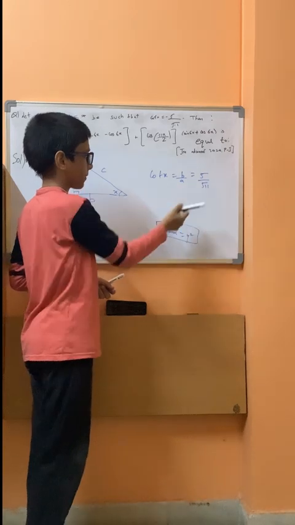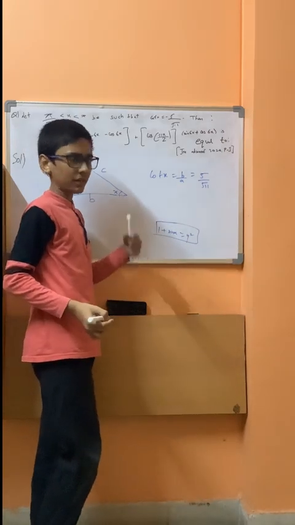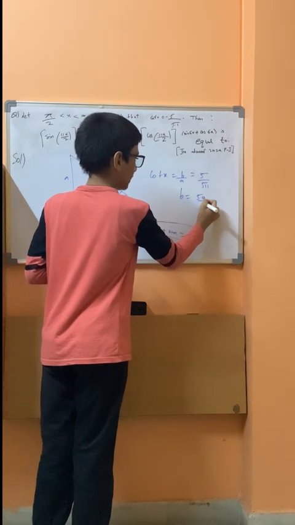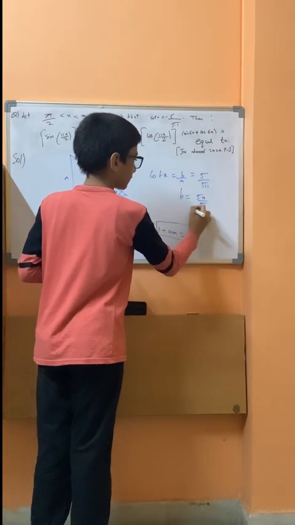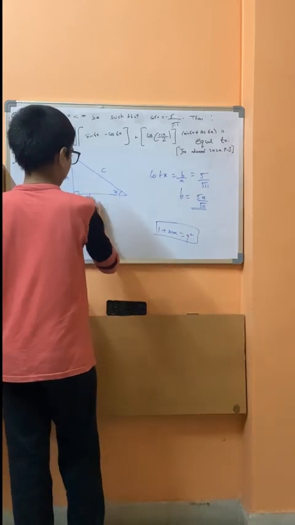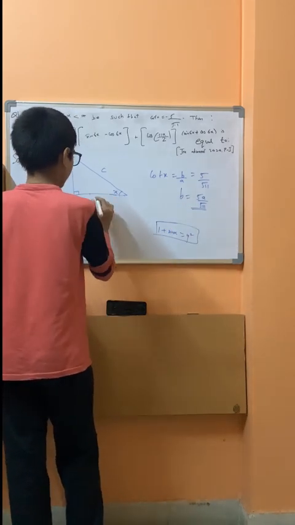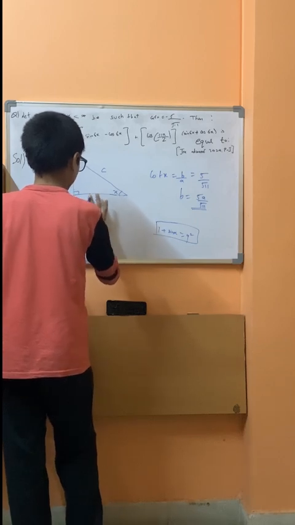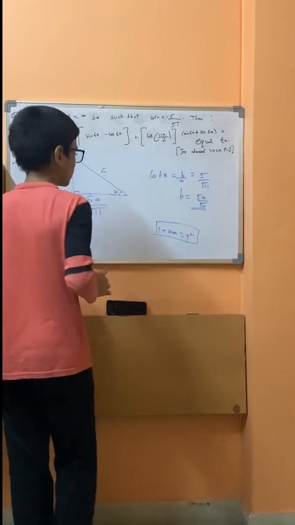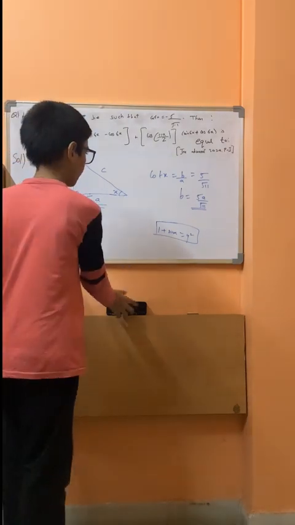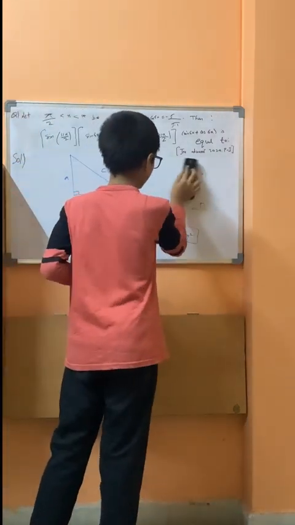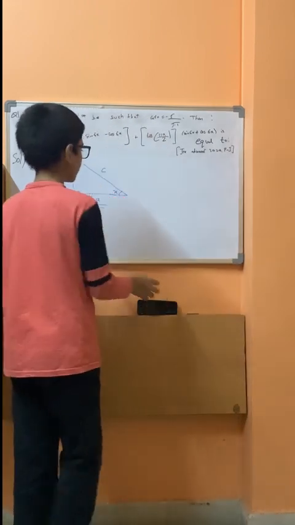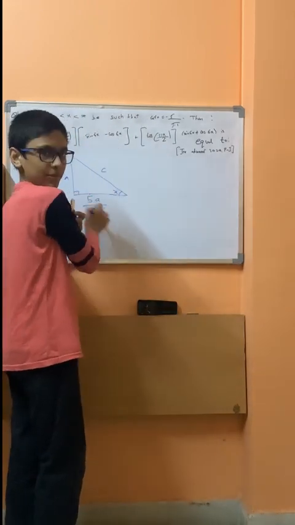So we get this. So I am going to assume a as fixed. So b is 5 times of a by square root of 11. So I am going to write this over here. Instead of b, 5a by square root of 11. So now we can use Pythagoras theorem. Which is like this, that c square equal to a square plus b square.